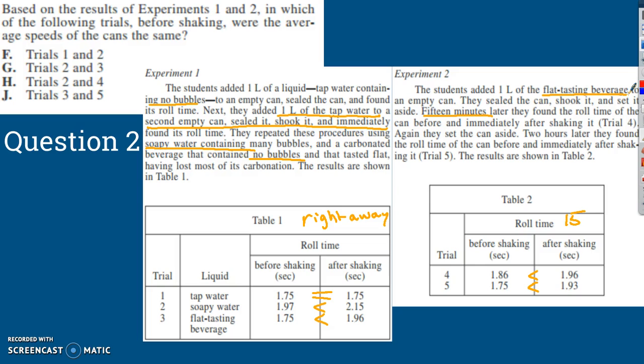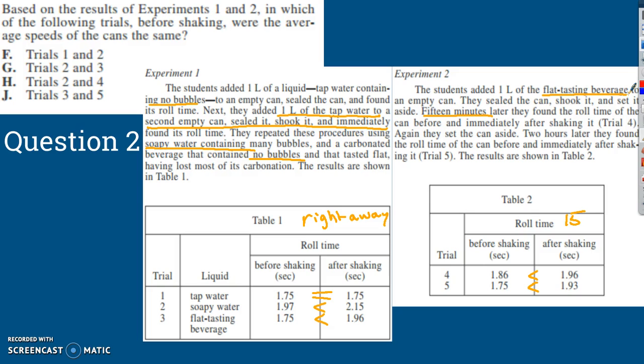Let's look at the question. Based on the results from experiments 1 and 2, in which of the following trials before shaking were the average speeds of the cans the same? Speed is going to be about the same as the time, because they're all moving the same distance.